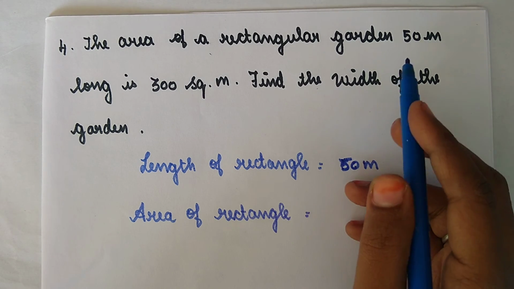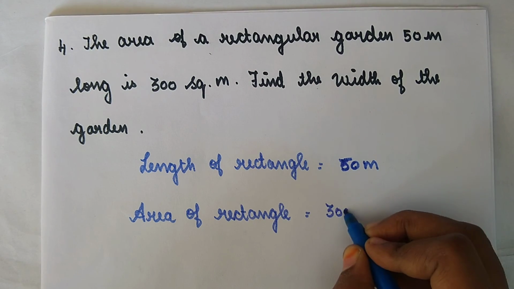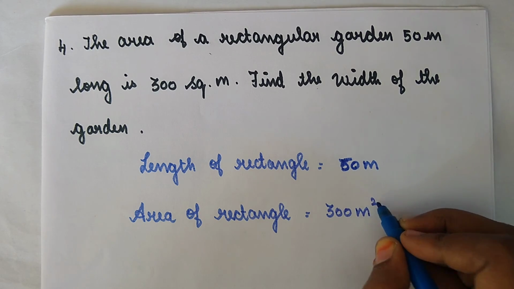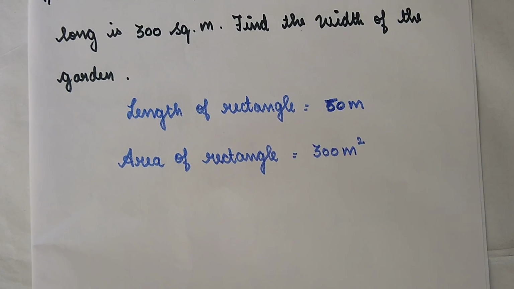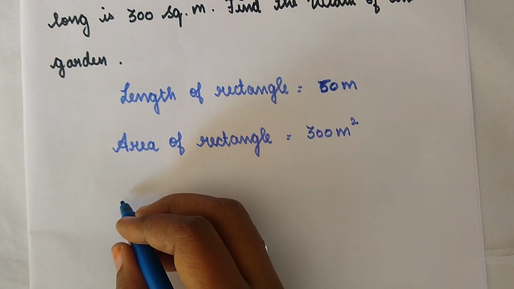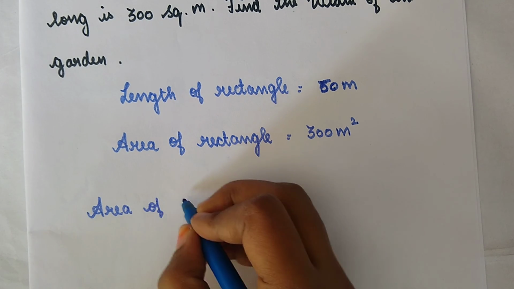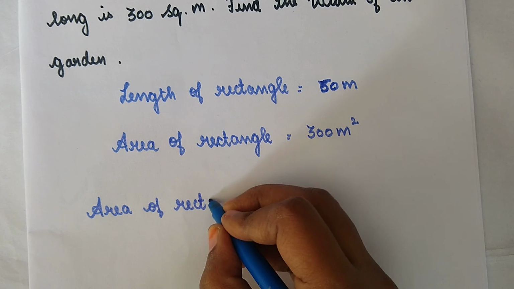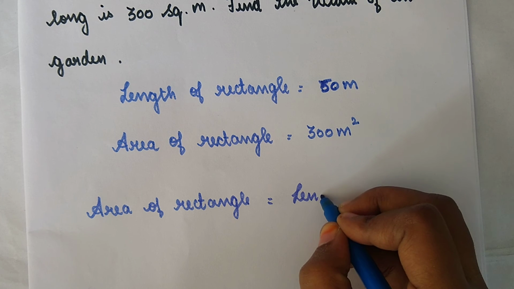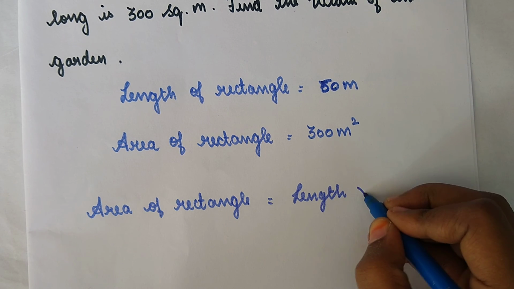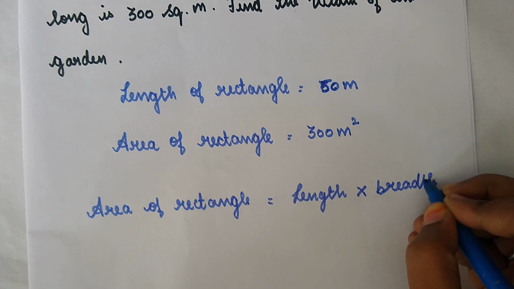Area of rectangle is 300 square unit, that is 300 meter square. So we have to find the breadth of the rectangle. We can write area of rectangle equals length into breadth. Then we substitute the values in this formula.